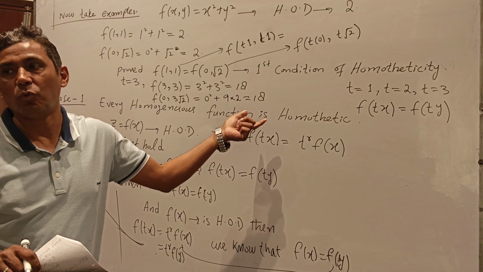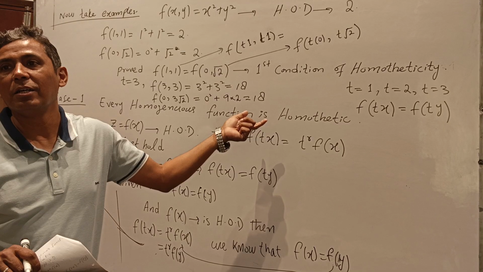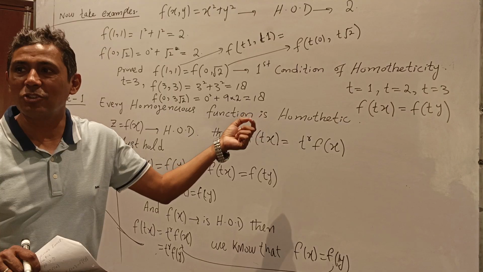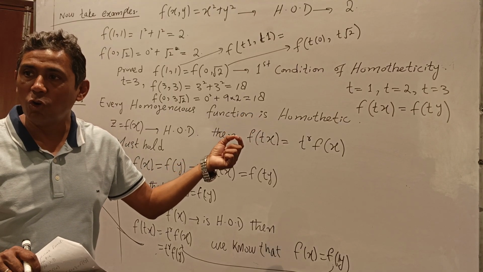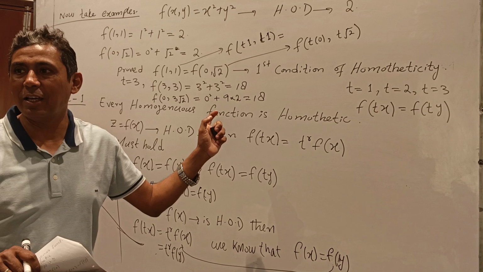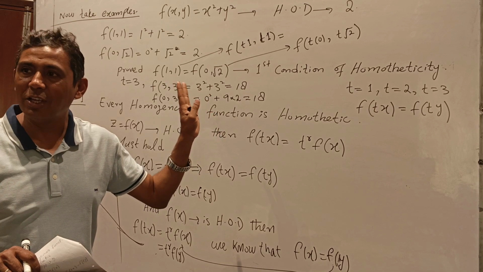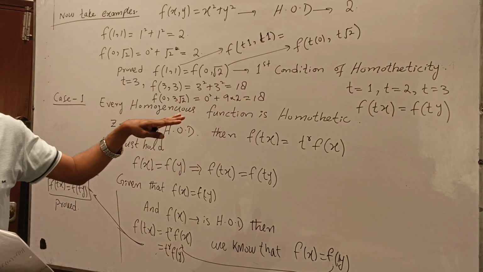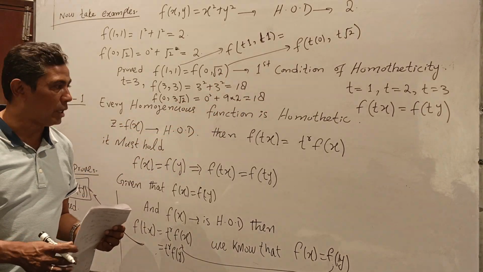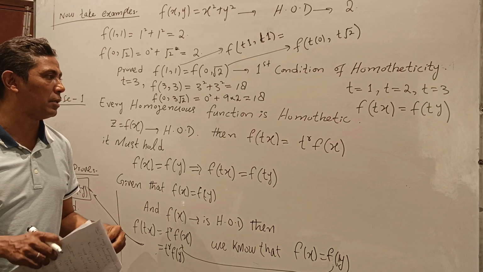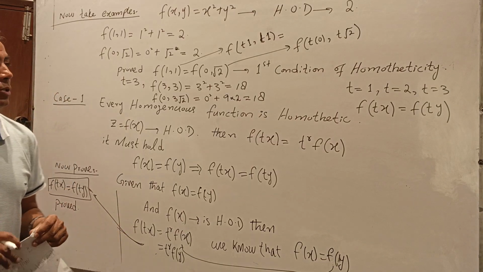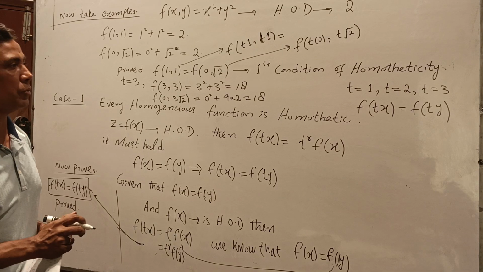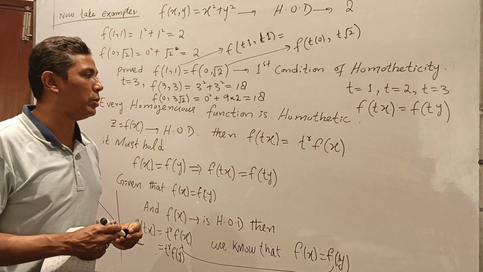Case 2, the second condition, is that if the function is homothetic, it is not necessary that it is homogeneous. Okay, clear? We are going to discuss this one in the coming class. After this we will move forward towards other topics.